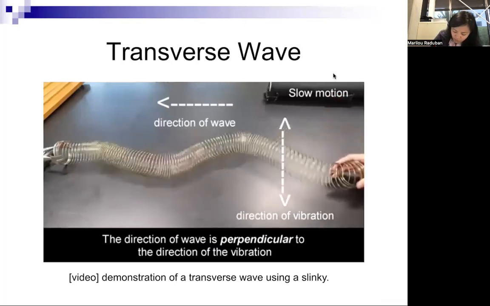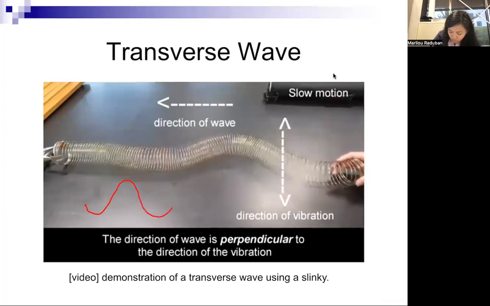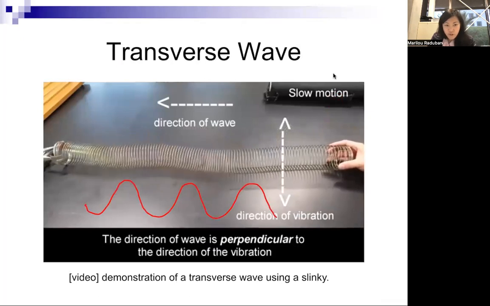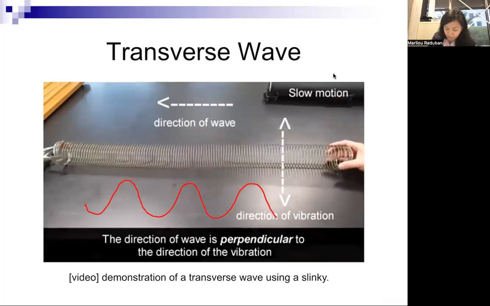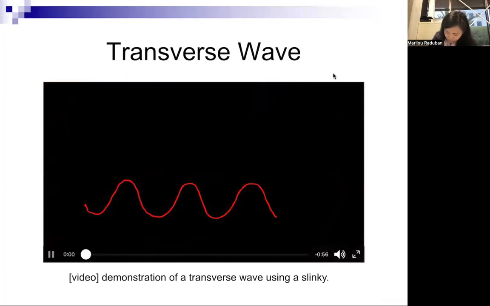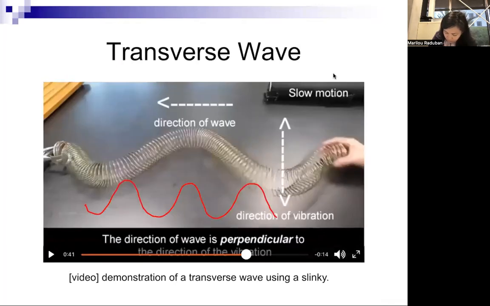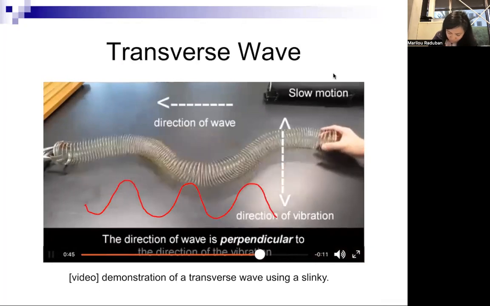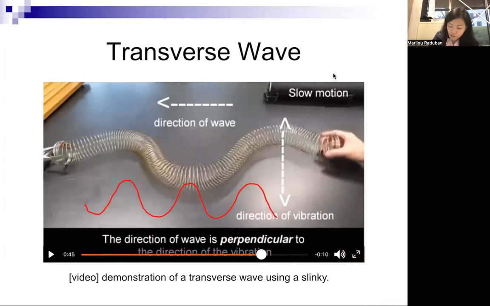For a transverse wave, it's easy to visualize the sinusoidal nature of the propagating disturbance. You can represent this with the crest and the trough.